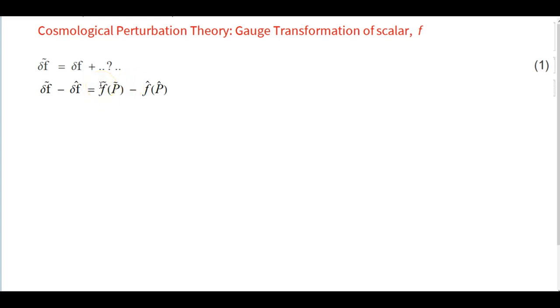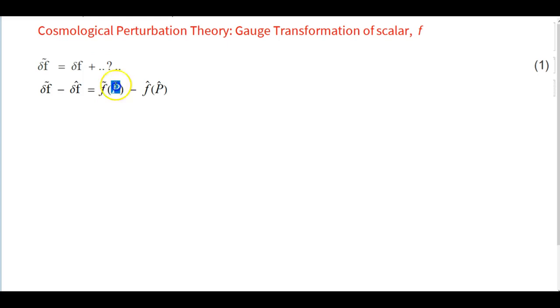This is in gauge 2. Let us do the transformation of this scalar f tilde at the same point p tilde, from gauge 2 to gauge 1.